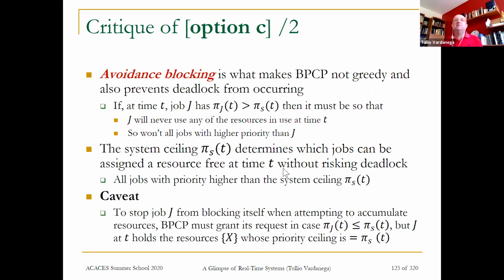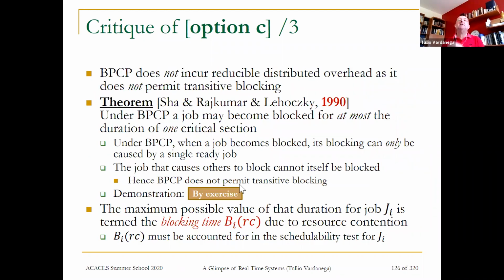And the cost of this protocol is perhaps a price to pay. But there is an additional benefit, and this benefit is super important. It has been proven in a theorem by these guys in 1990. This is what this theorem says.